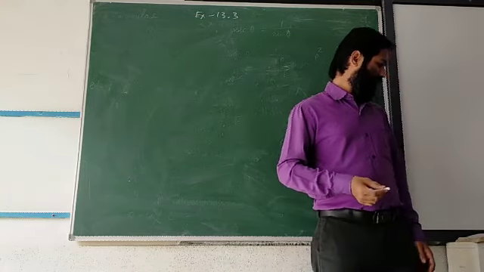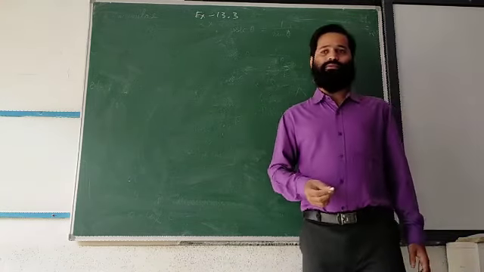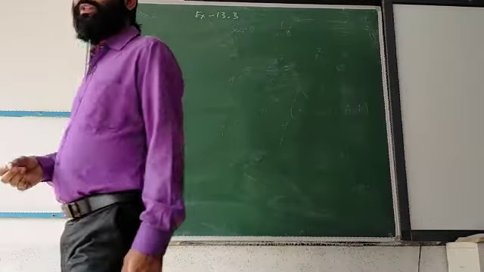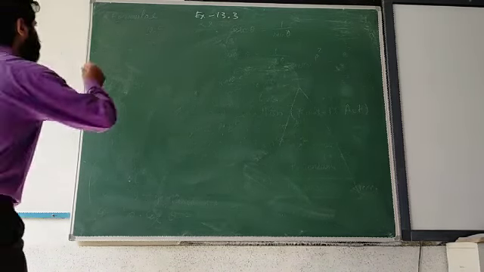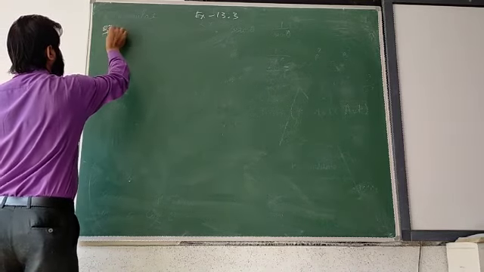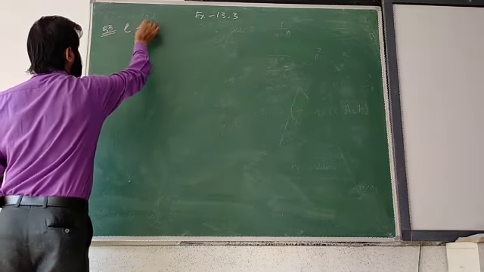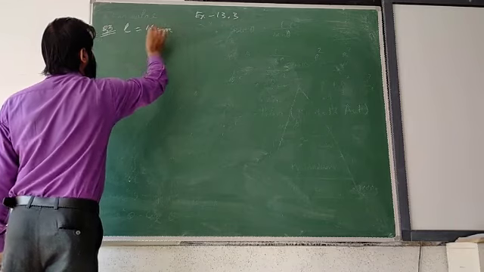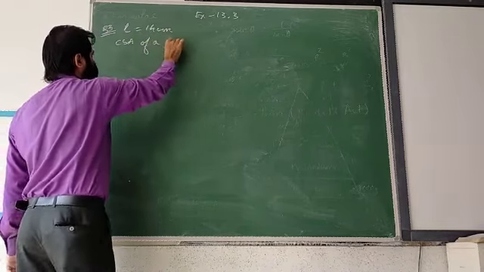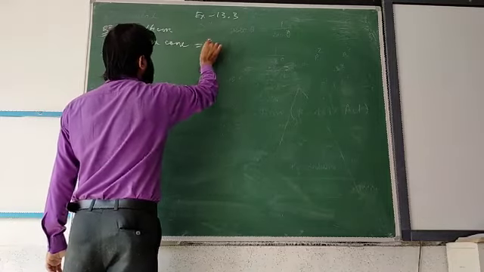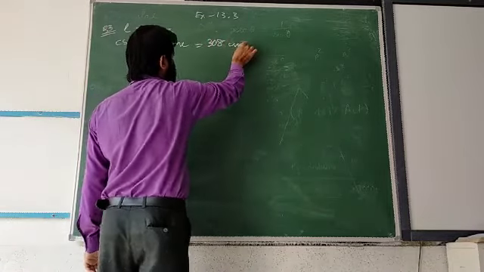Okay, first of all you write slant height of a cone. And that is how much? 14 centimeter. And CSA of a cone is 308 centimeters square.